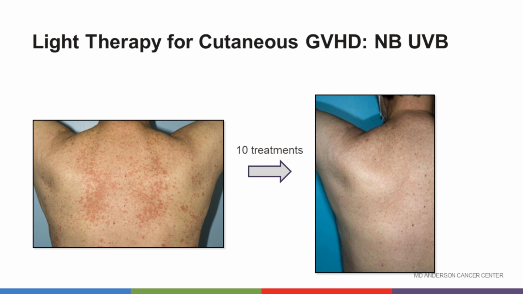This was a patient who was on systemic steroids, and every time the systemic steroids were tapered, they flared the graft-versus-host disease in their skin. And we used narrow-band UVB in him, and after 10 treatments, we cleared his skin and were able to taper the systemic steroids.